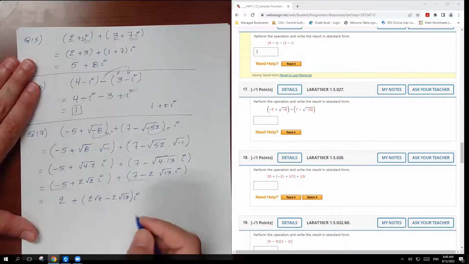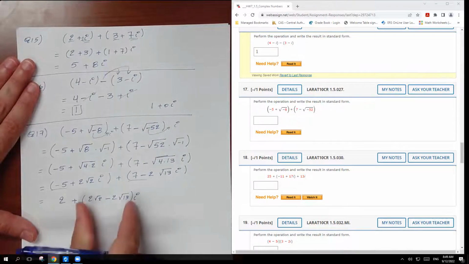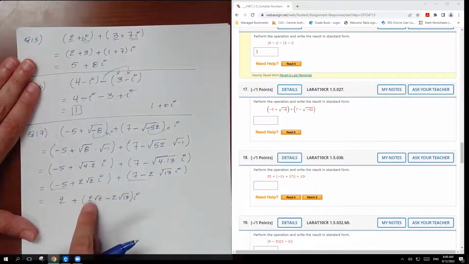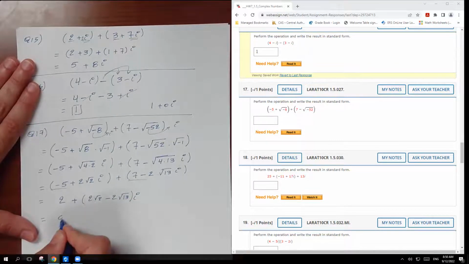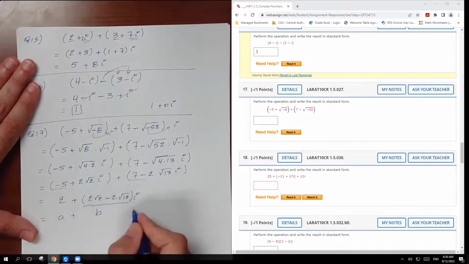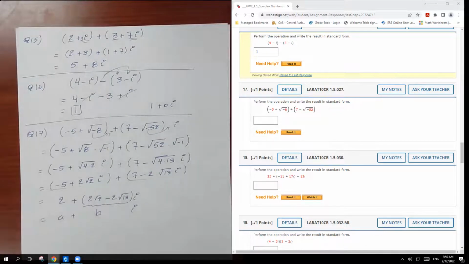And here is the I. That means this is the real part, and here is the imaginary part, because the I belongs to this part and this part. So in this case, A plus, and here is the B. The whole thing is the B. And here's I. So this is the standard form for this example.